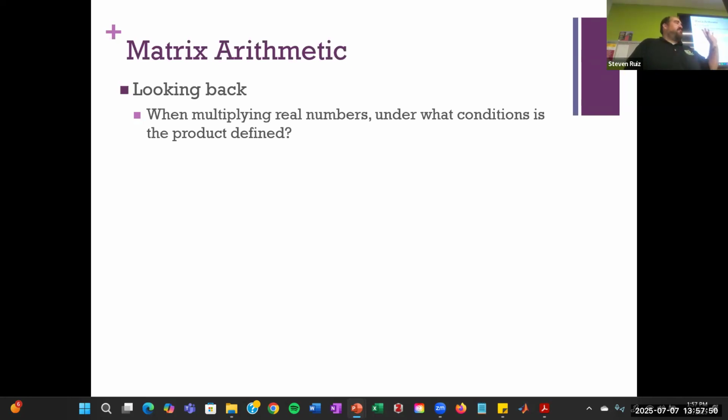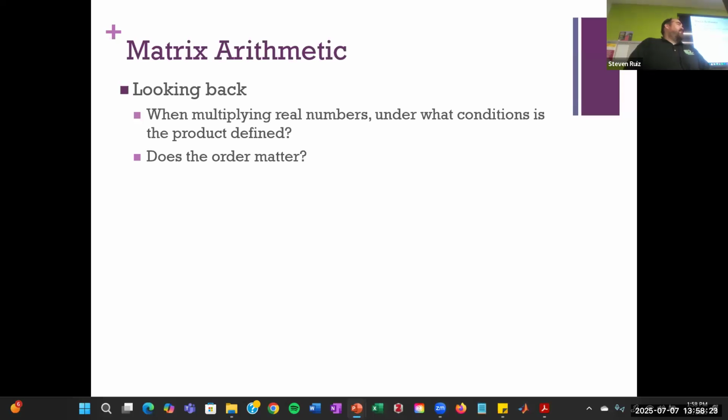I'm just talking about generic numbers, not even matrices yet. One by one matrices. What's 0 times 10? That's well defined. Is it ever undefined? It's always defined. If you have two real numbers, their product is always a thing that exists.